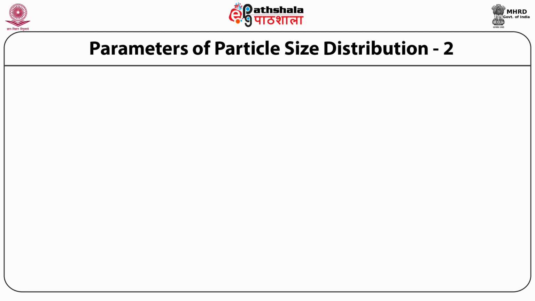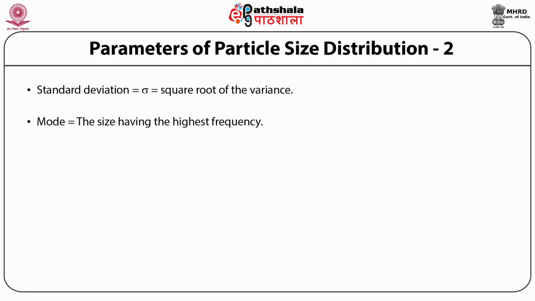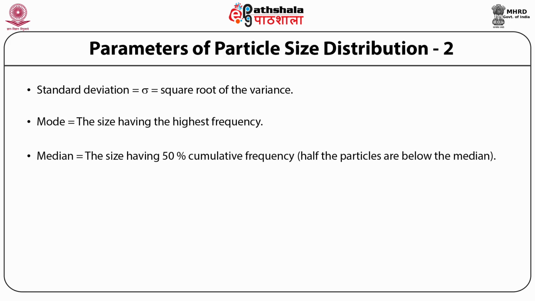Some of the other parameters for the particle size distribution are standard deviation, mode and median. First is mode. Mode is the size having the highest frequency. Median is the size having 50% cumulative frequency, that is half the particles are below and half above the median.